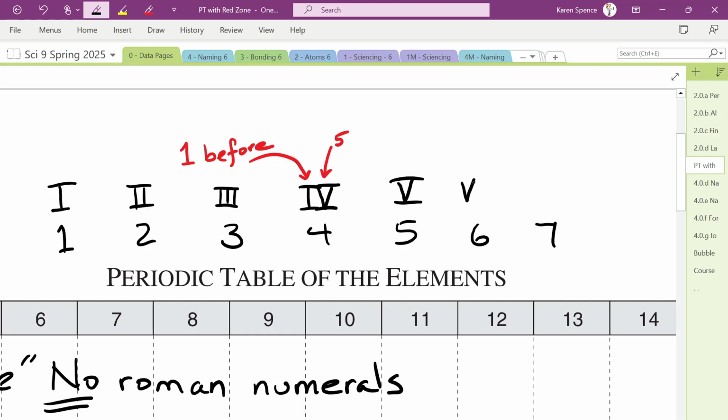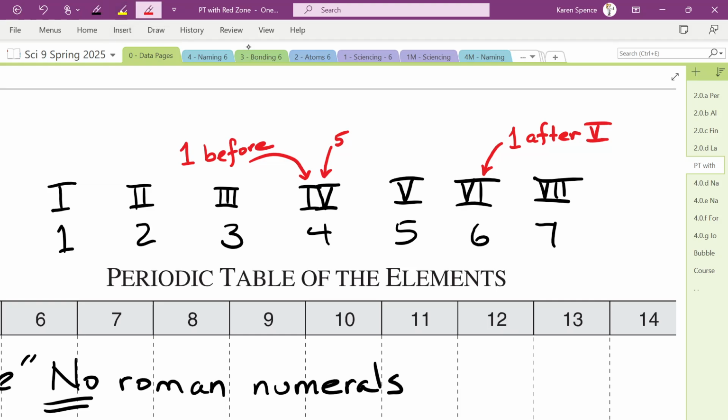VI. It was going to be 1 after 5. And can we guess what 7 will be? VII, 2 after 5. Now, there are Roman numerals past that, but you don't need to know them for chemistry, okay?